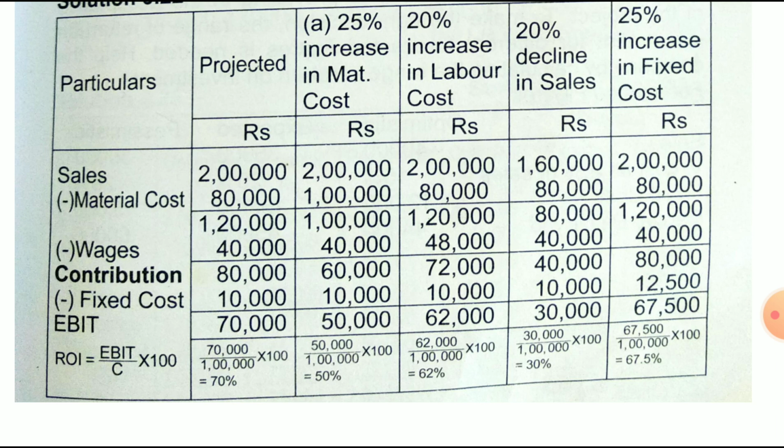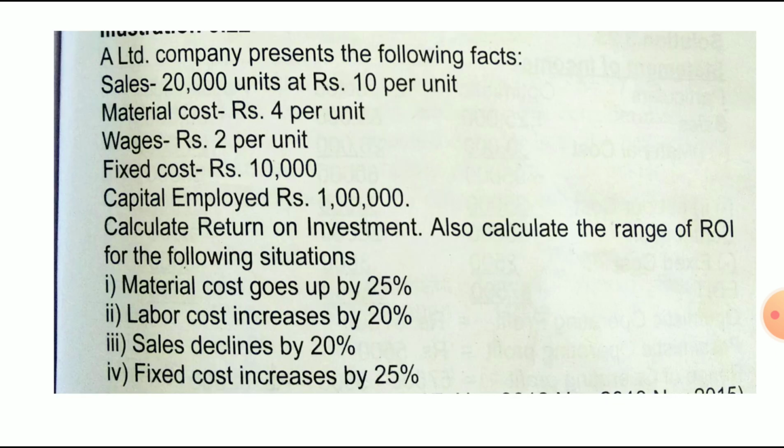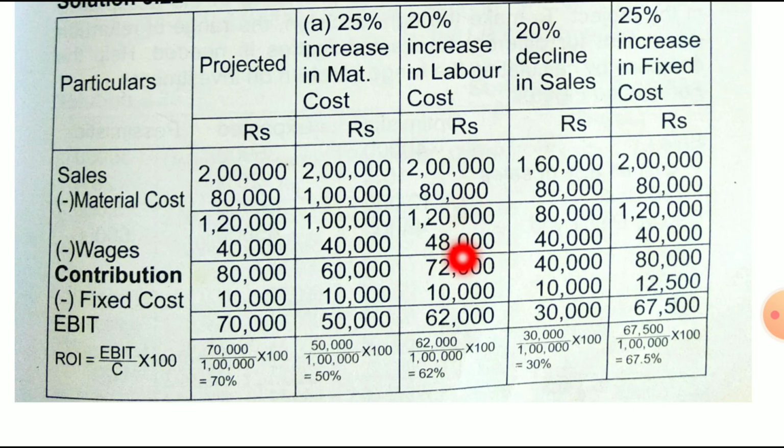Then we get the contribution. So less wages, there is labor cost, so 40,000, that means 20,000 into 2. Here in the third column labor cost is increased by 20%, so 40,000 plus 20%, 8,000, 48,000. So in the remaining columns it remains as before. And contribution will get this much.